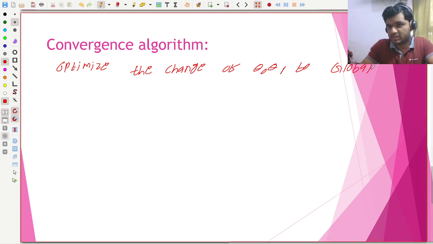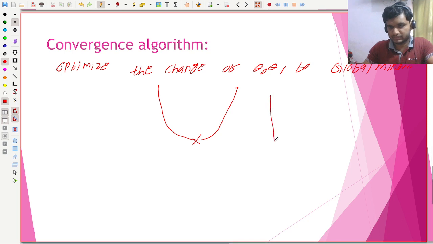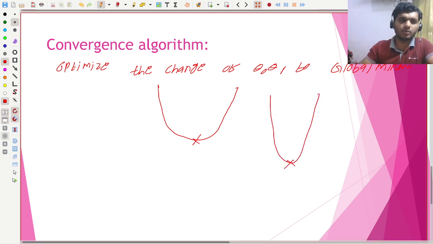In this diagram, we can see the global minima. Here it is the global minima.